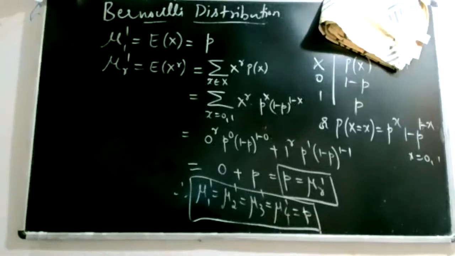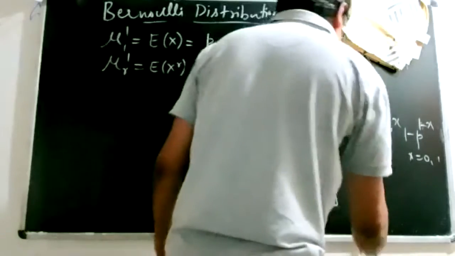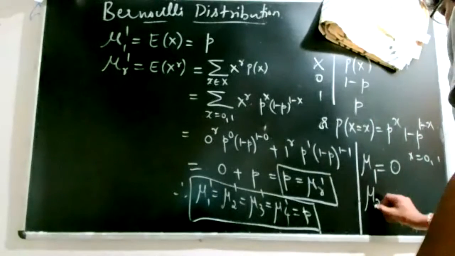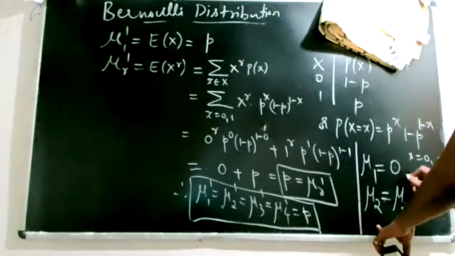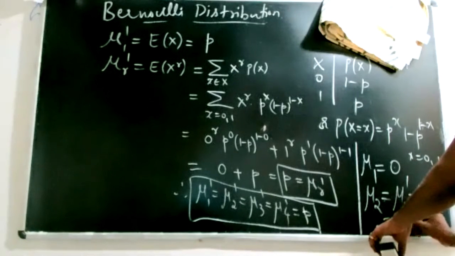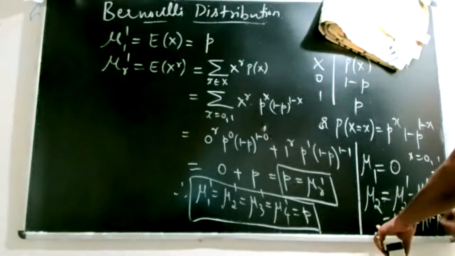Now, since we have these, we can easily obtain the other moments. The first central moment, mu1, is always 0. The second moment, which is the variance, is mu2 dash minus mu1 dash square, which comes to p minus p square, or p into 1 minus p, or pq.